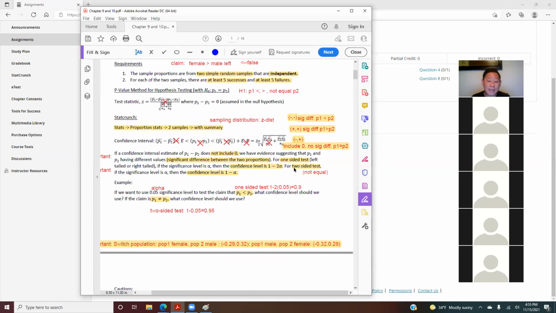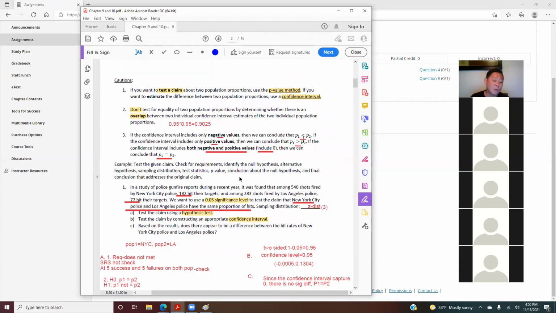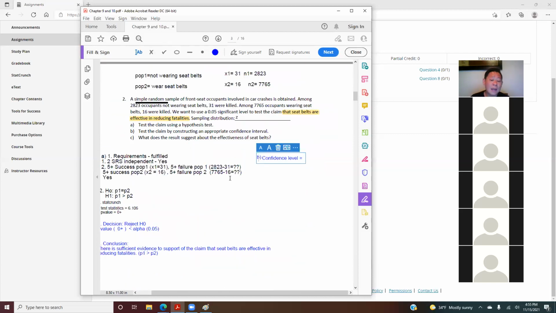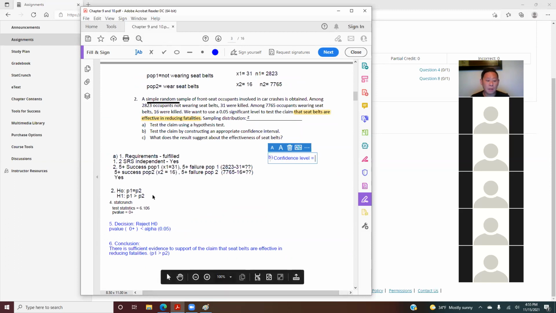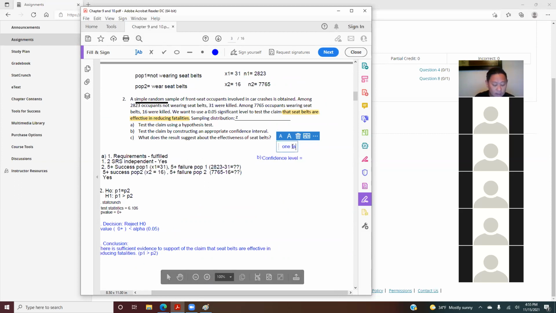If you have a two-sided test, then your confidence level is 1 minus alpha. So can someone tell me, reading this number 2 here, is this a one-tail test or a two-tail test? It'll be right tail. Okay, so it's a one-tail test.